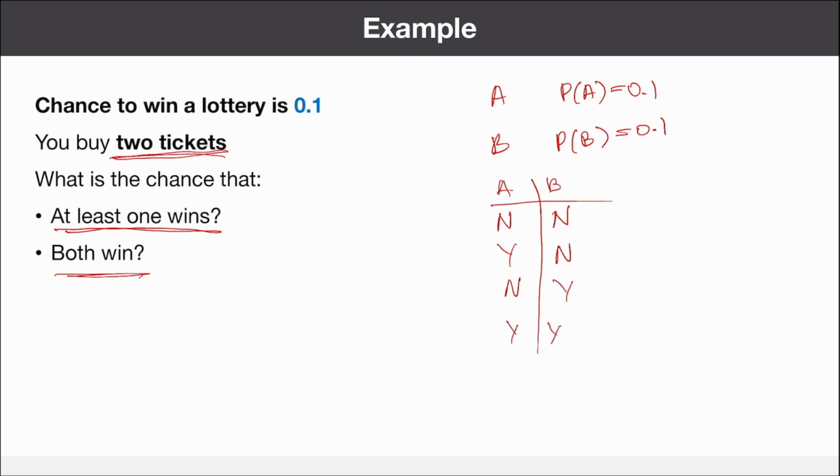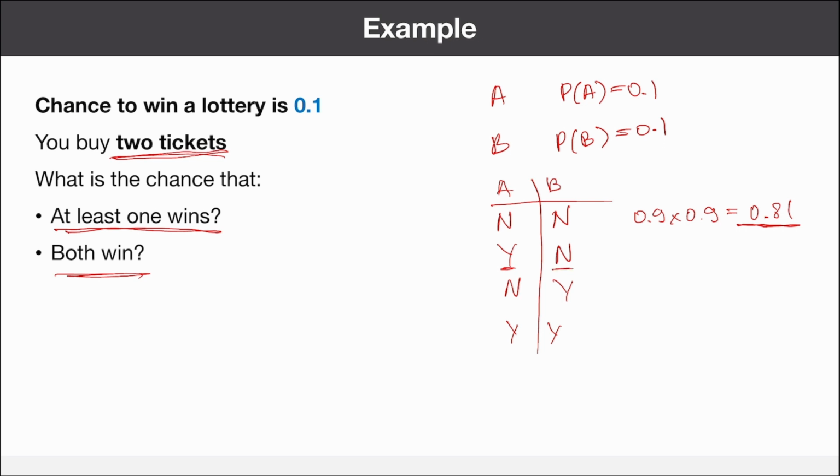Now let's compute the chances. What's the chance that none of these will win? Well, the chance of winning is 0.1, the chance of not winning is 0.9, right? And according to what we know before, we need to multiply these chances. So 0.9 times 0.9 is equal to 0.81. This is the chance that none of the 2 will win. Now, what's the chance that this will win and this will not?